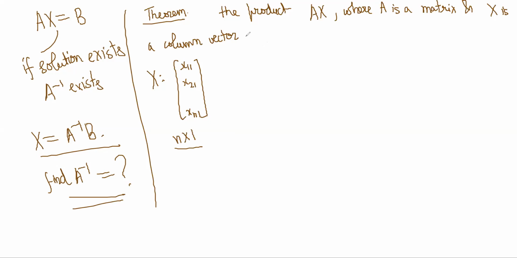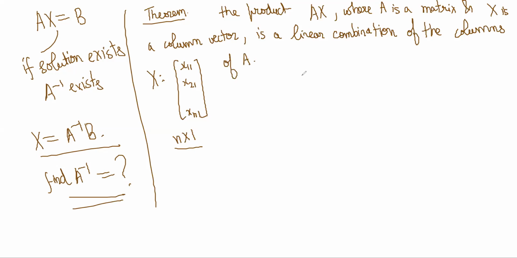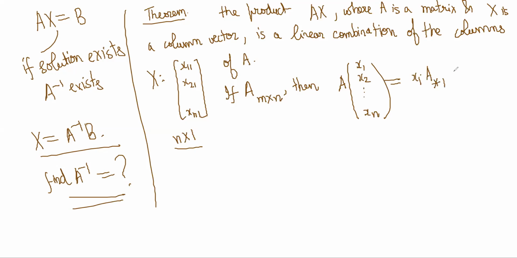The product is a linear combination of the columns of A. Precisely, if A is m cross n, then A multiplied by the column vector x1, x2, ..., xn will simply be x1 into A star 1 plus x2 into A star 2 plus ... plus xn into A star n.